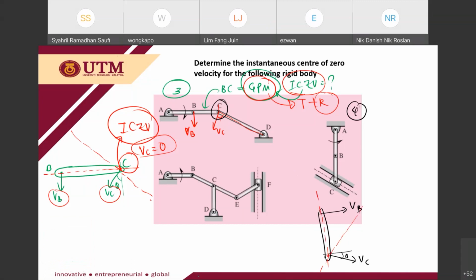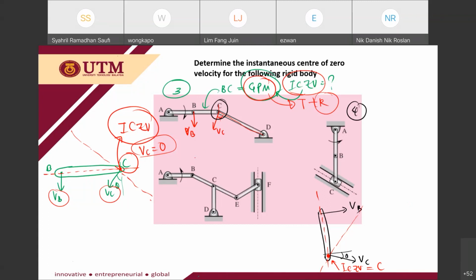You may notice that the ICZV is actually on the point C. So it can be on the rigid body, or it can be outside of the rigid body, for the instantaneous center of zero velocity.